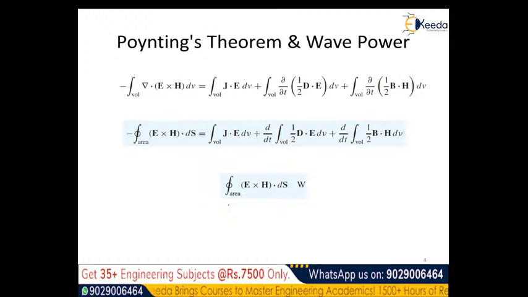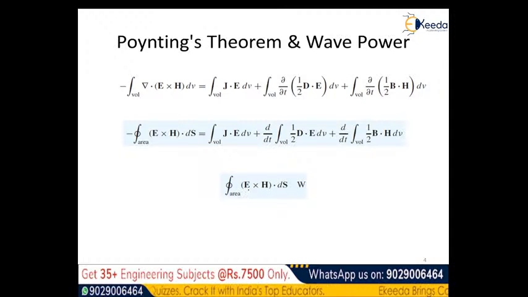So what is this E cross H here? In vector algebra we have already studied that the cross multiplication of two operand vectors results in another vector. The magnitude you can obtain by the standard formula we have studied, but as it is a vector quantity it possesses a direction.